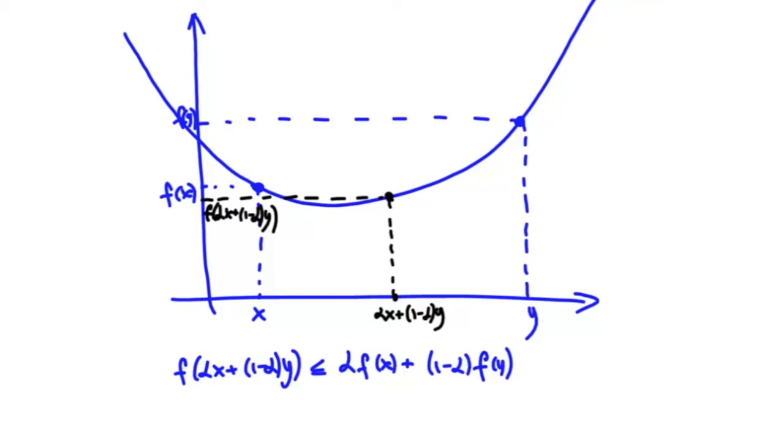It means that if I draw the line between the points x, f of x and y, f of y, then alpha f of x plus 1 minus alpha f of y will be located between f of x and f of y exactly here. It will be the value for this function defined by the line that corresponds to the argument alpha x plus 1 minus alpha y, so it will be here.